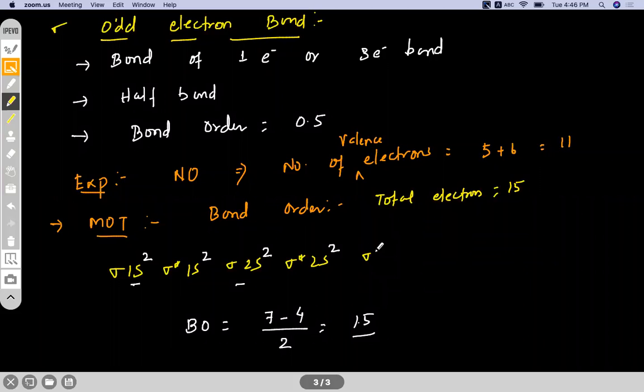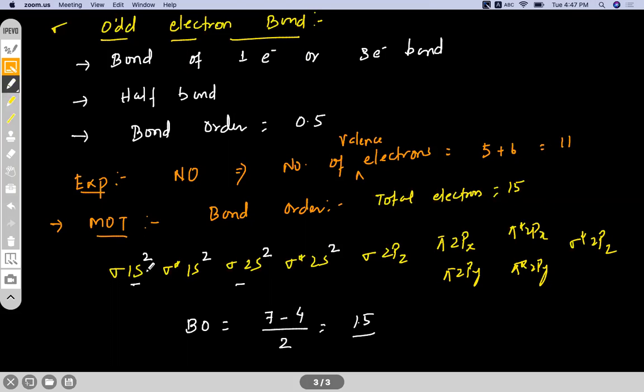Here we have sigma 2pz, pi 2px, pi 2py, pi star 2px, pi star 2py, sigma star 2pz.